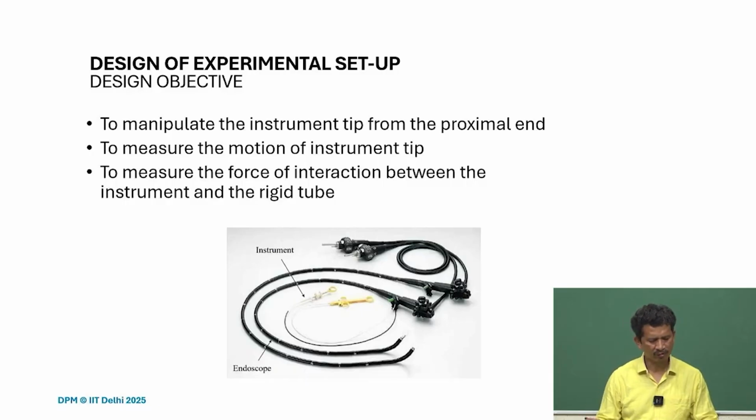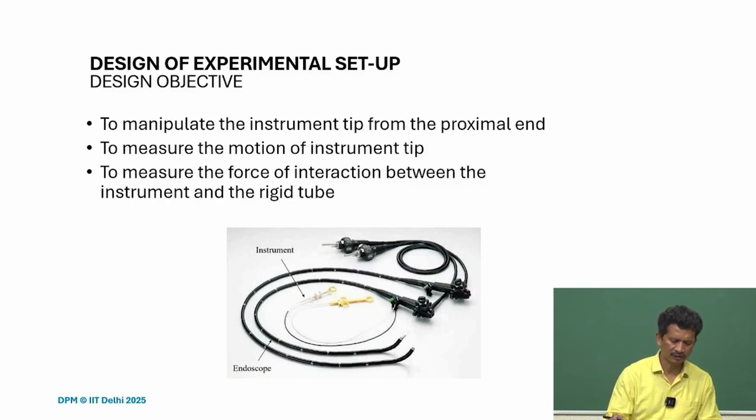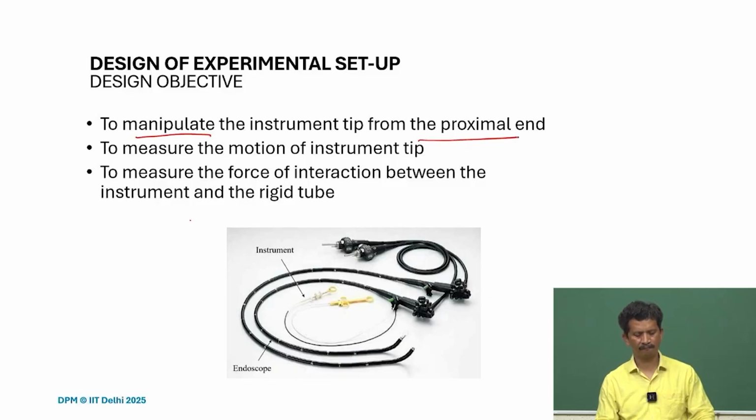We have discussed the use and the applications, and what we wanted to have is the characterization of the tube, and when we have the input motion, what happens at the tip. So the design objective for the setup was to manipulate the instrument from the base, the proximal end, which is outside.